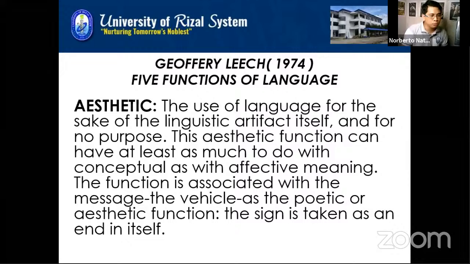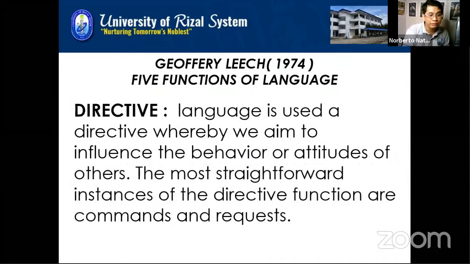For aesthetic purpose, it's more of aesthetic beauty, use of figurative languages when you are dealing with different people. So again, the keyword is when you're using flowery words, and directive when you're giving commands and requests.